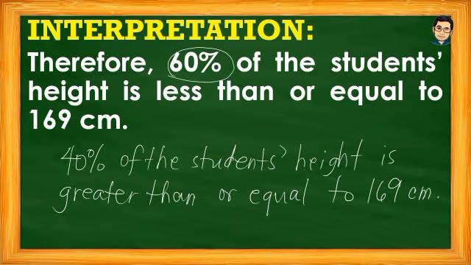So why is it we use greater than? Okay, kasi mas mataas na po sa 60% yun. So yung counterpart ng 60% na mas mababa, syempre yung mas mataas, which is 40%. Hindi pwede maging 60% din. It's because lalagpas na po yun sa 100%.